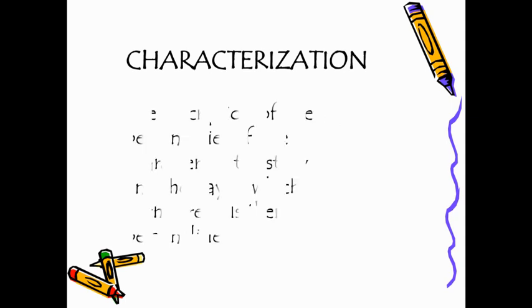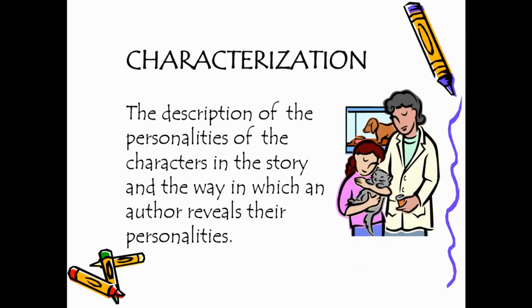So today we're focusing on characterization. Characterization is the description of personalities, the characters in the story, and the way in which the author reveals their personality. So basically, how the author develops a character's personality throughout the novel.